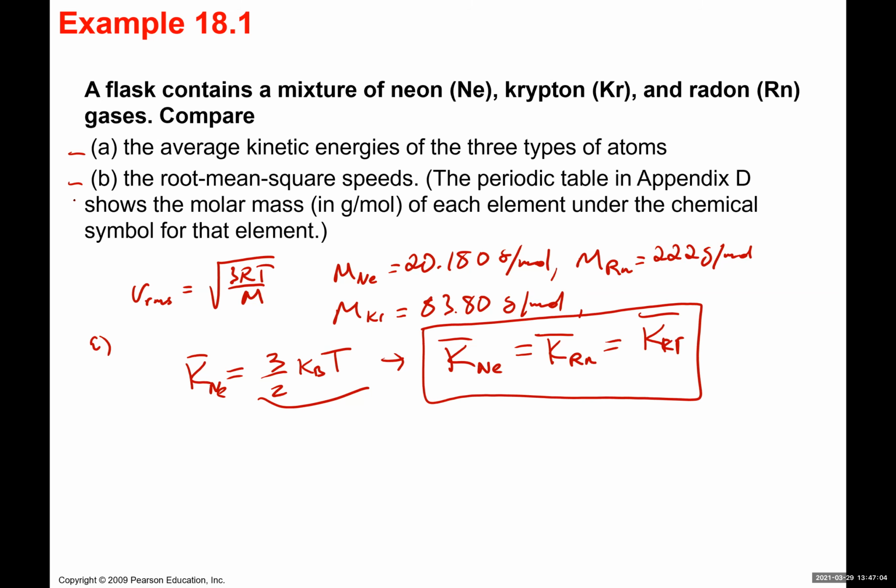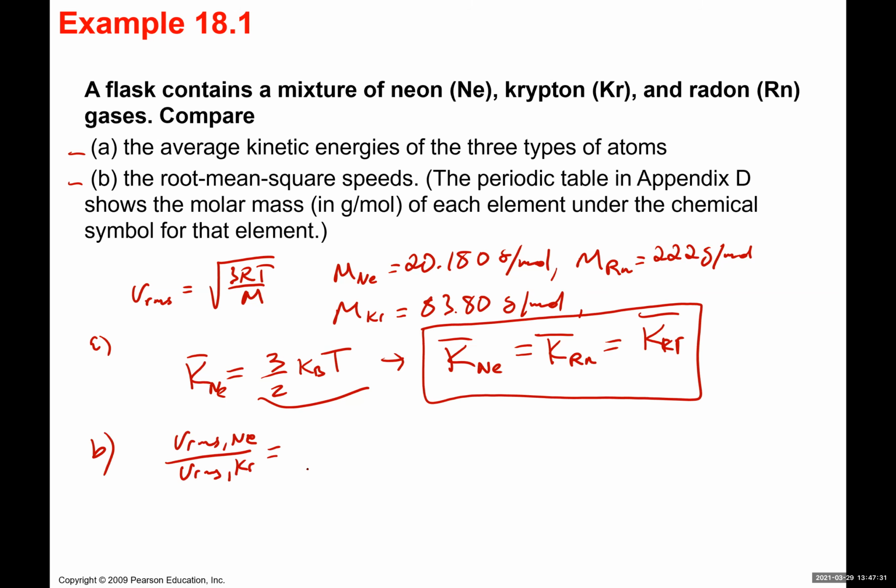Part B then says, all right, what are their root mean square speeds? What we can do here is calculate each one, what the speeds are. But we can also do a ratio. So I can say VRMS for one of them, let's say neon, over the VRMS for the krypton.